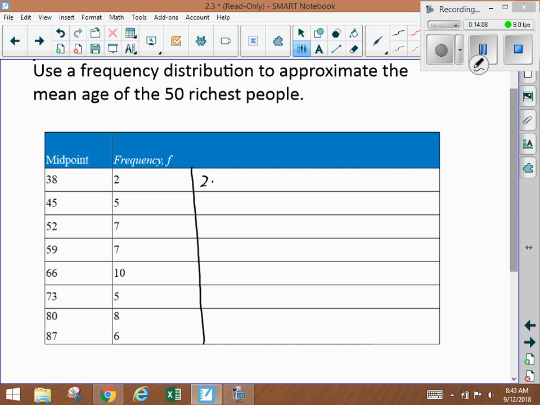We're going to do 2 times 38, 5 times 45, 7 times 52, and so on. There's a line missing. We'll go 87.